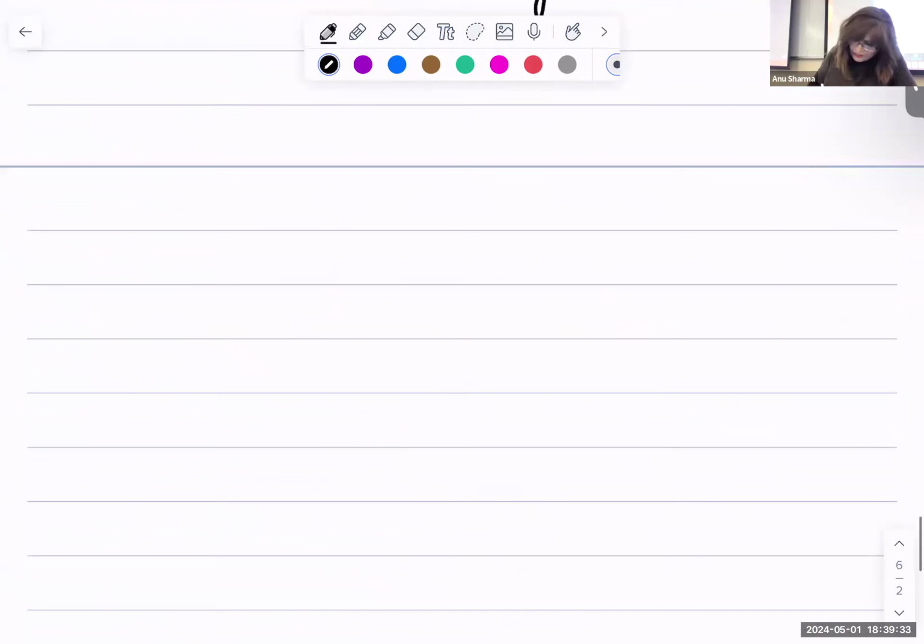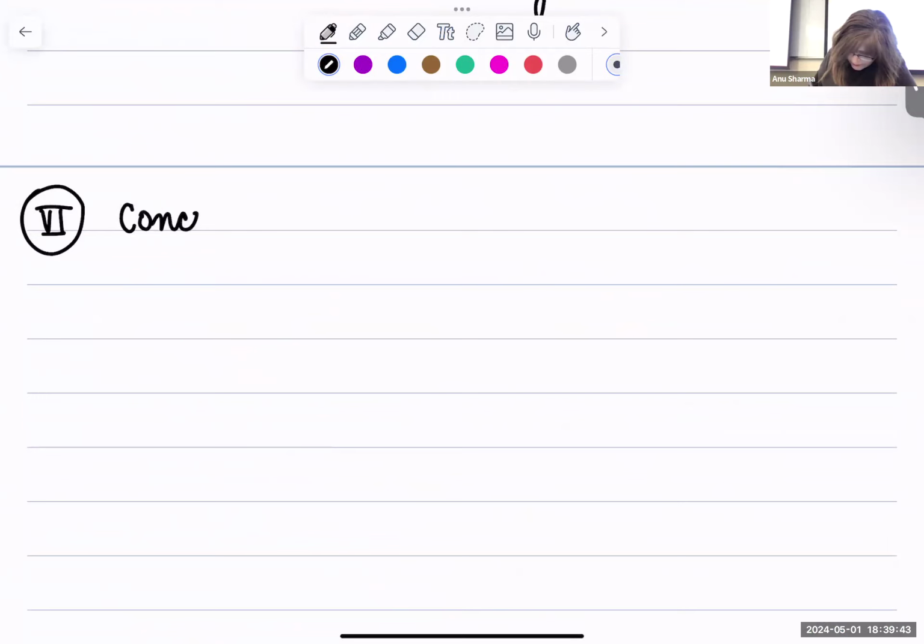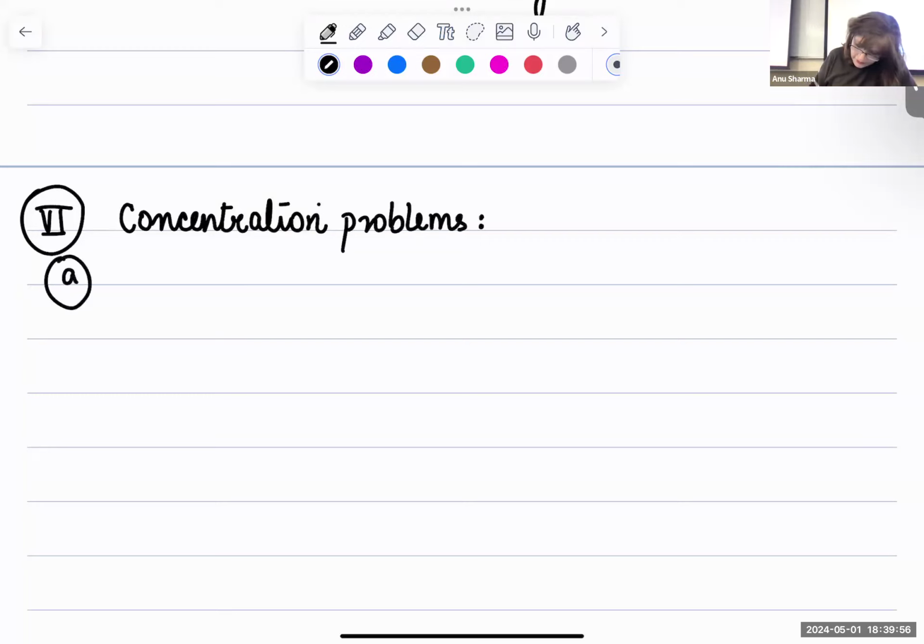So now the rest is related to the concentrations. Okay, concentration problems. Number one here.